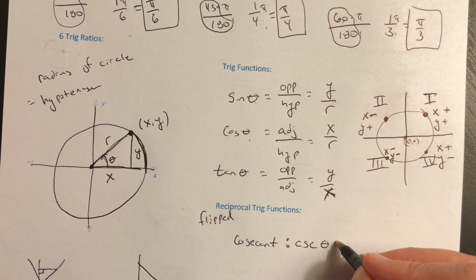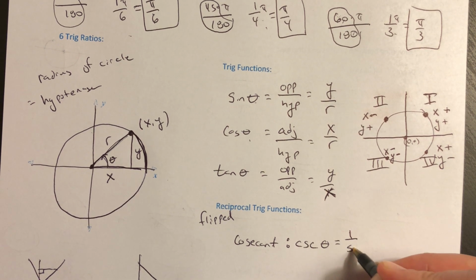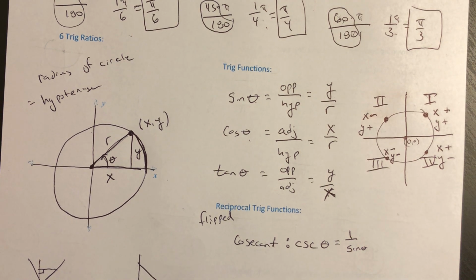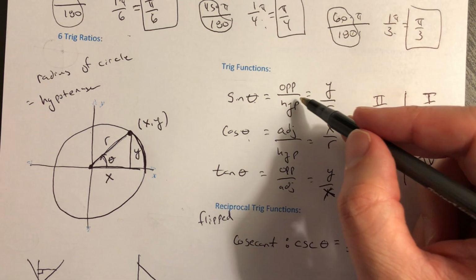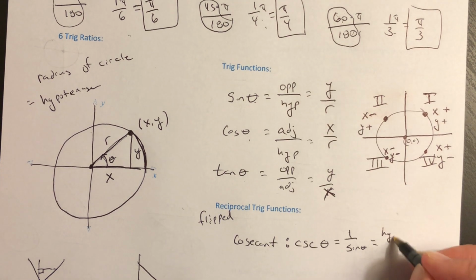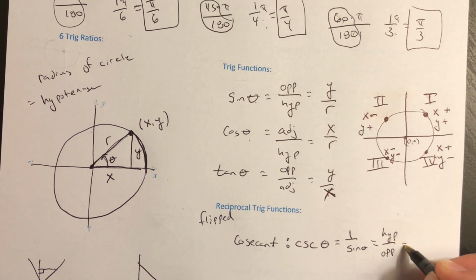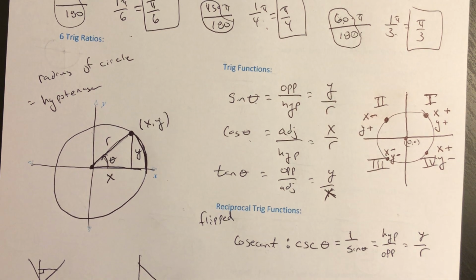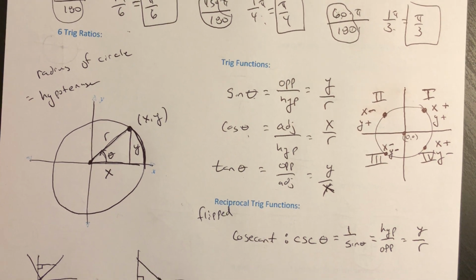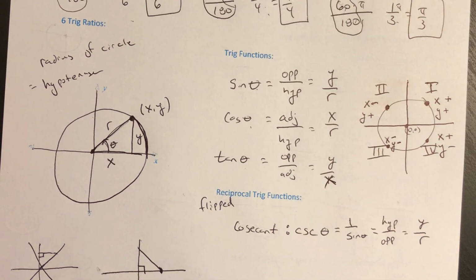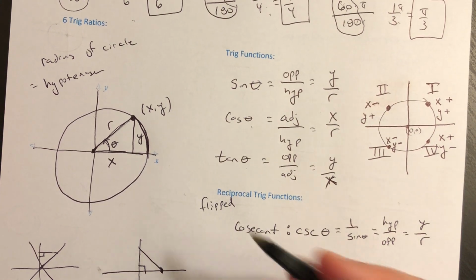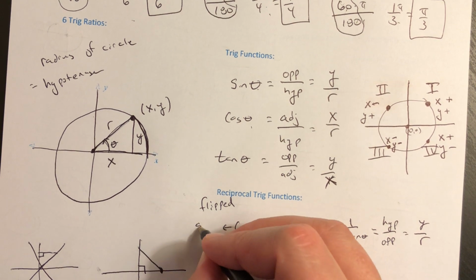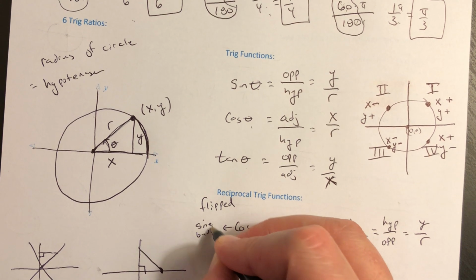We write that as 1 over sine of theta. So that means it's hypotenuse over opposite, and r over y would be its calculation. A lot of people see cosecant and think it goes with cosine. Cosecant is buddies with sine, so I'm going to call it sine's buddy.